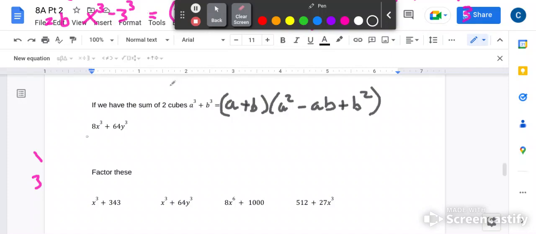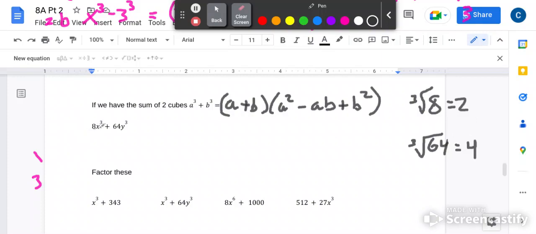Now, this takes a little finessing right here. We have 8x cubed. Well, the cube root of 8 is 2. And 64y cubed, the cube root of 64 is 4.